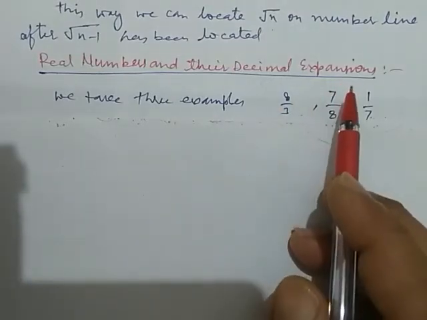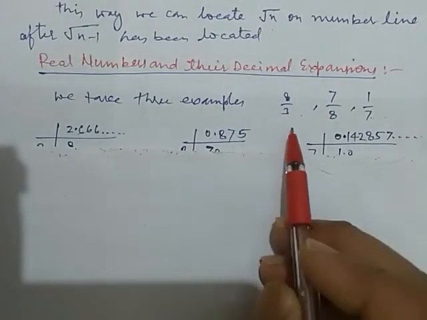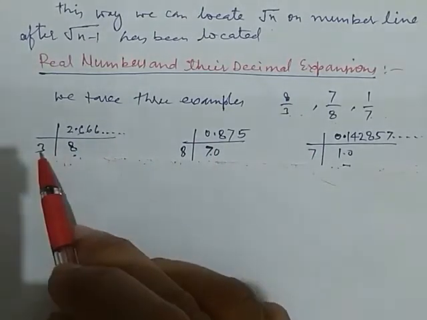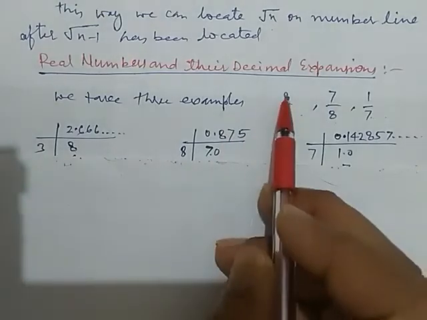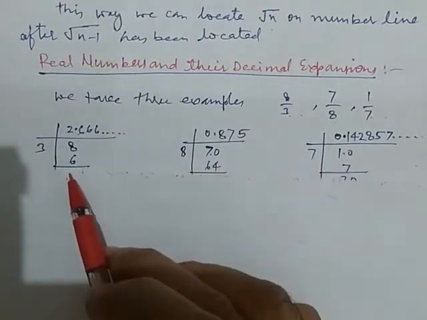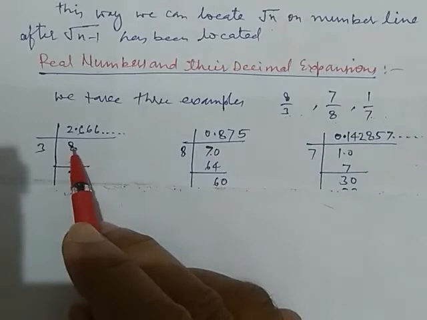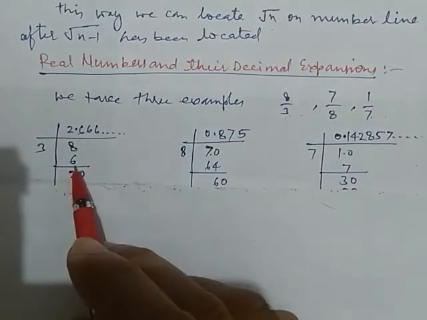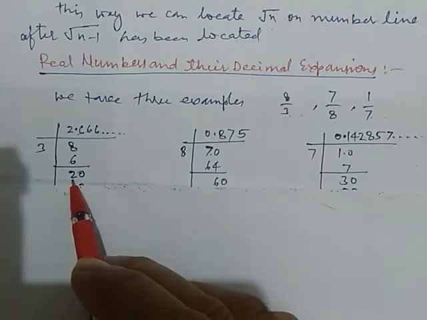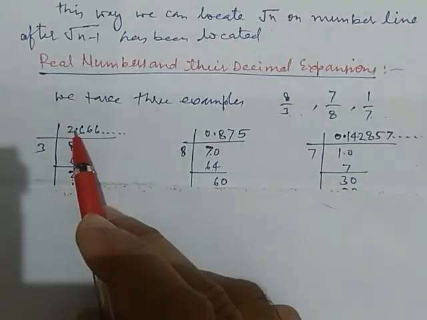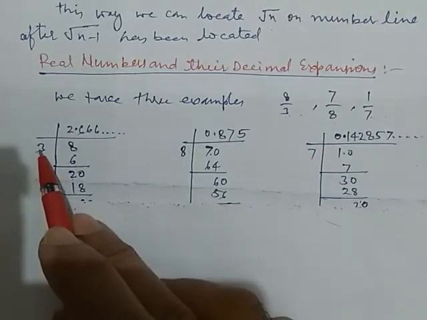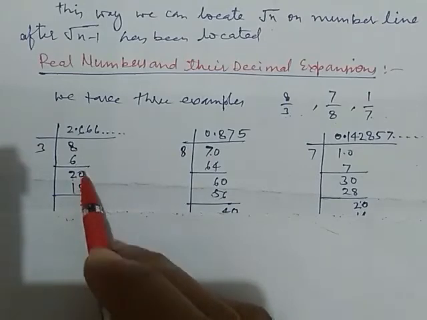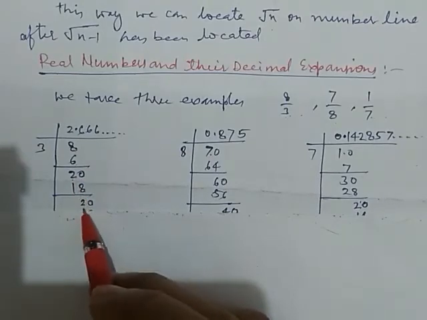Okay, so we start here. 8 by 3, this is our 8 and this is by 3. So we divide 8 by 3. Now start. First, 3 times 2 is 6, so it divides 2 times. Now 2 is the remainder, put 0 and put the decimal point here. Now again 6 times 3 is 18, put 6 here. Again subtracting, we get 2.